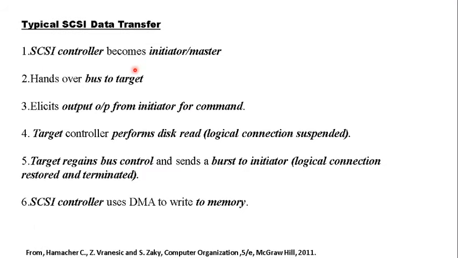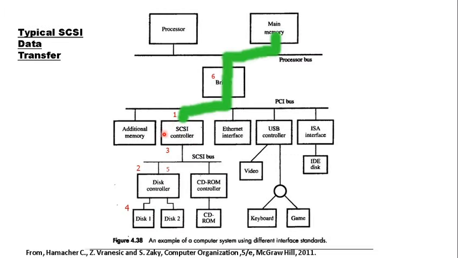The first step is that the SCSI controller, being the initiator or master, takes up control of the bus. Even though the SCSI controller is by default the initiator for almost all transactions, the SCSI bus is shared among all the controllers connected to it. Maybe the CD-ROM controller is involved in some other data transaction and has taken up the SCSI bus.